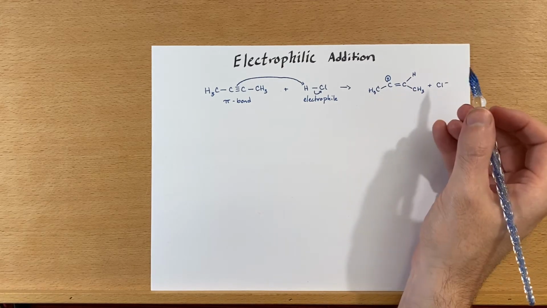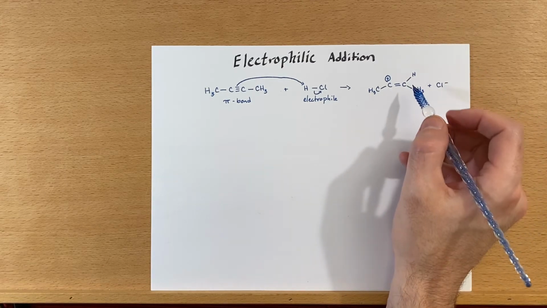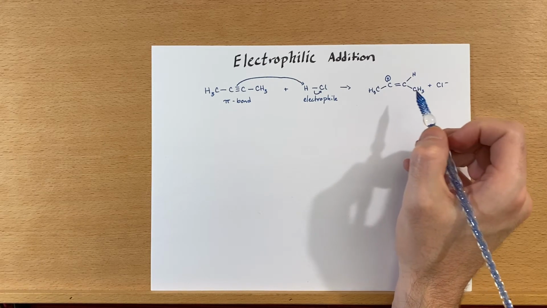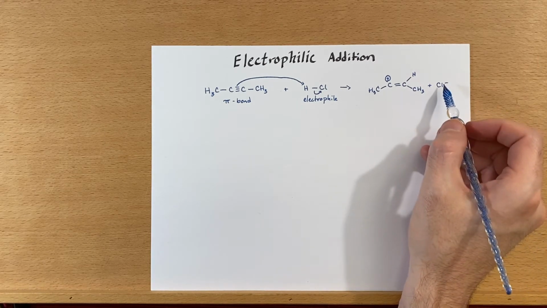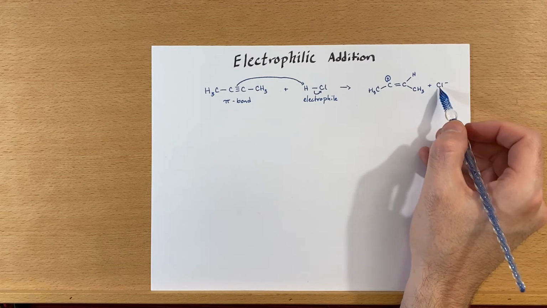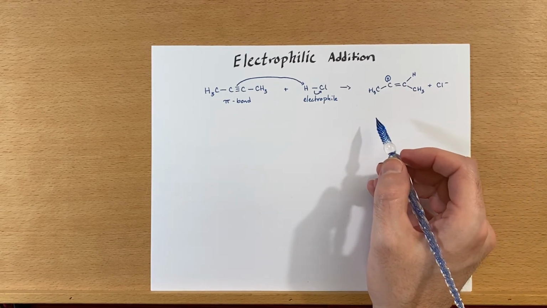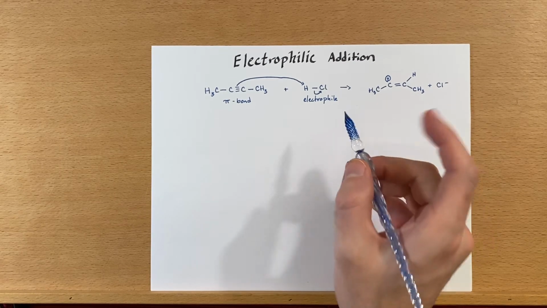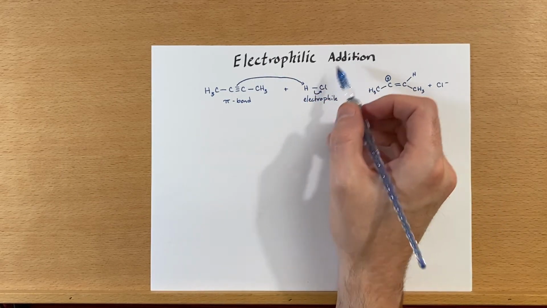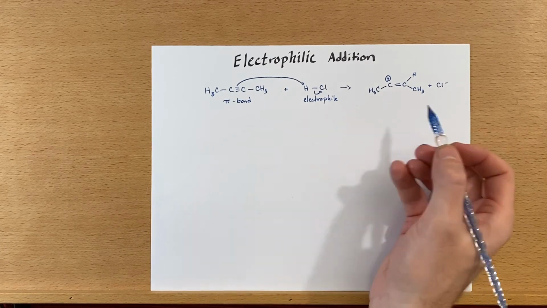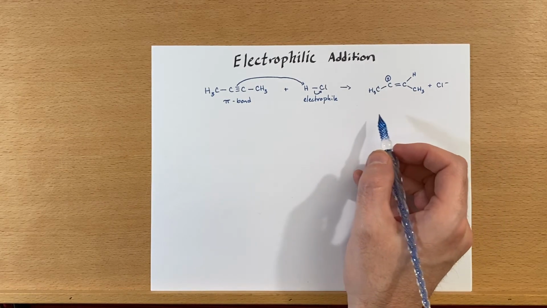Now, this would not be the end of the reaction. We would instead have a coordination step that would follow, and we could have a coordination step that would attach this chloride to that positive charge. But we've already talked about coordination. This is going to focus exclusively on electrophilic addition. But that's what we would expect to have happen.